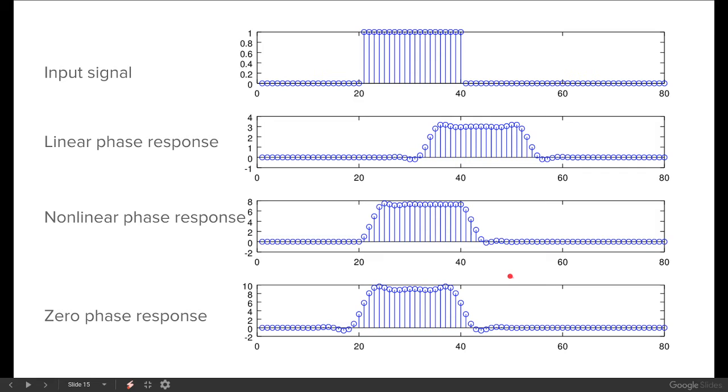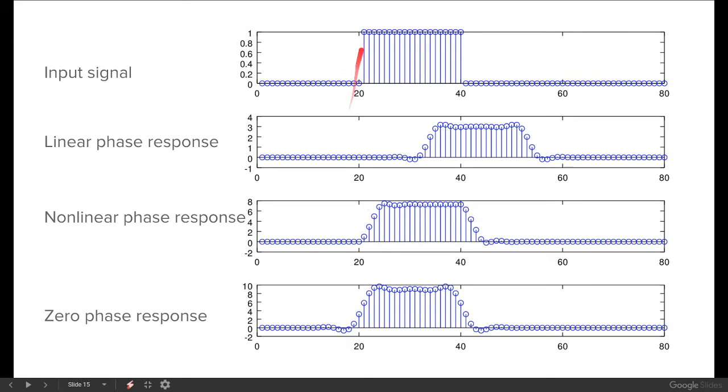Zero phase response. For this example, I actually took this non-linear phase response system and I filtered, started with the input signal, time reversed that one and used that as the input signal for the same filter, and now time reversed it again, and this is what comes out. So again, it's symmetric, meaning that it preserves the pulse shape.